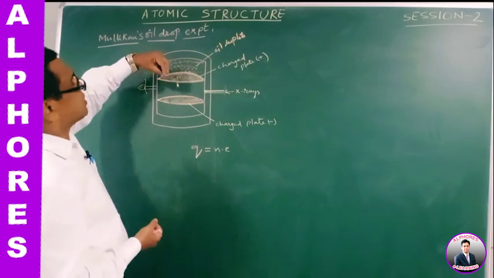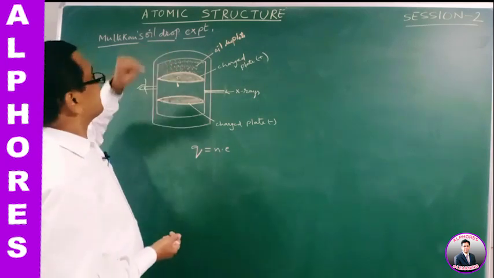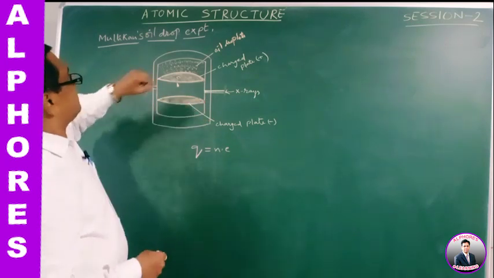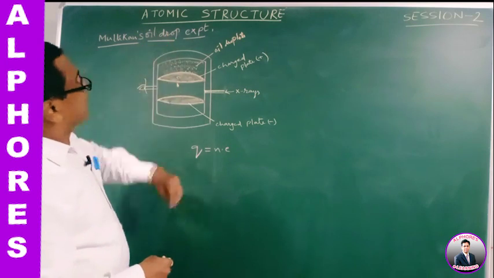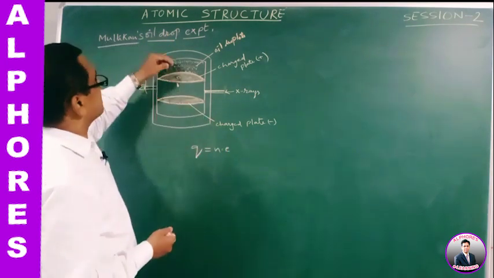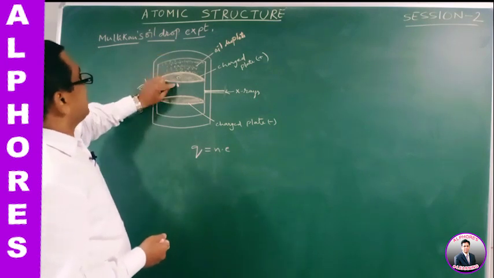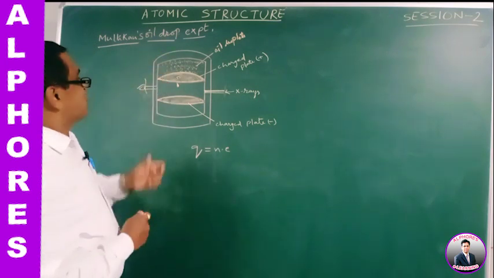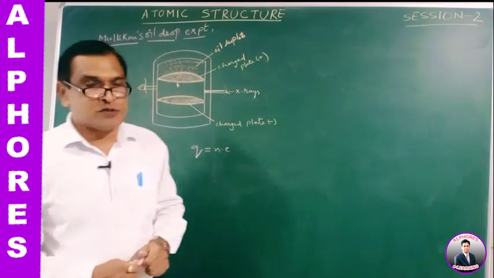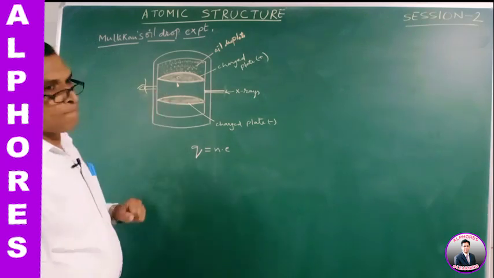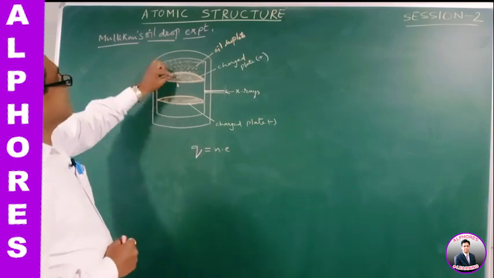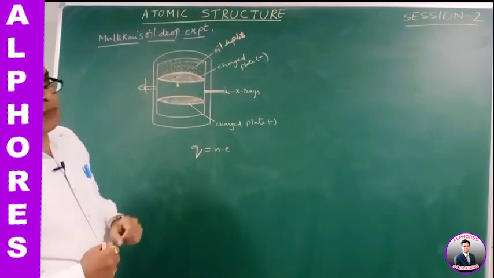The oil droplets slowly pass through the tiny hole of the upper charged plate. The downflowing oil drop experiences different forces such as gravitational force and electrostatic force.